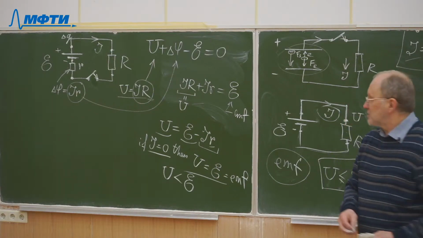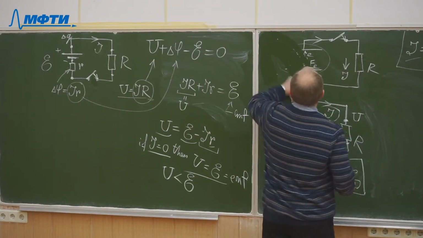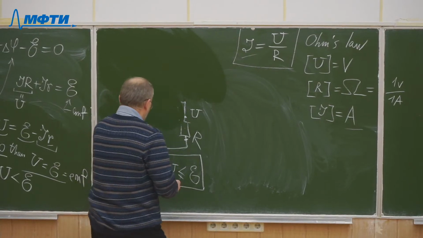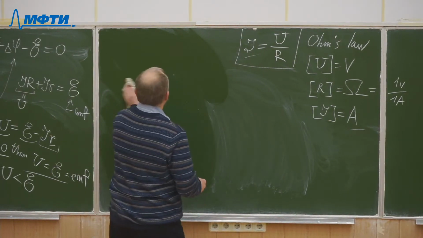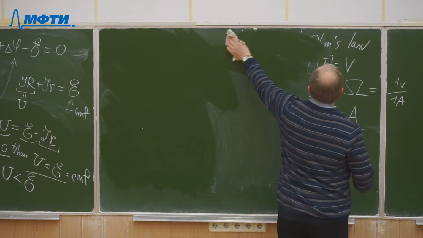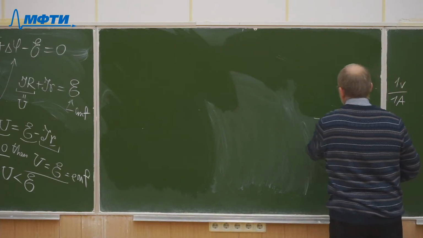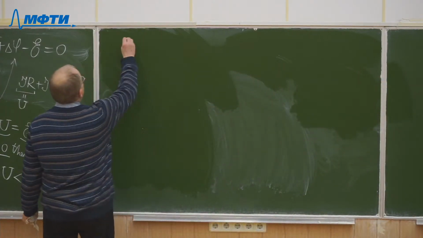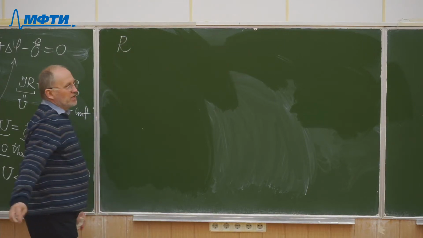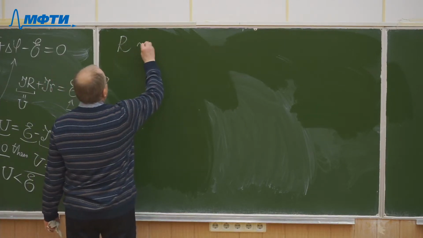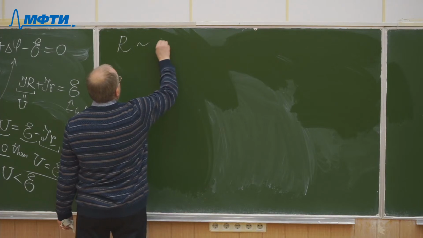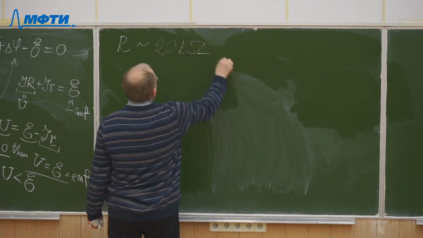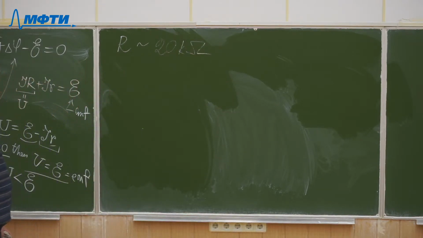And now I would like to talk about one important issue, a small and very easy problem, very simple, very easy to solve. Suppose the internal resistance of a human body is about 20 kiloohms, which is close to reality.